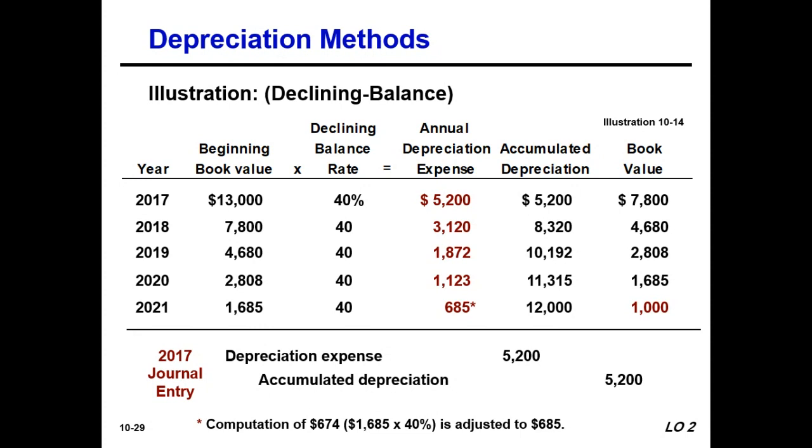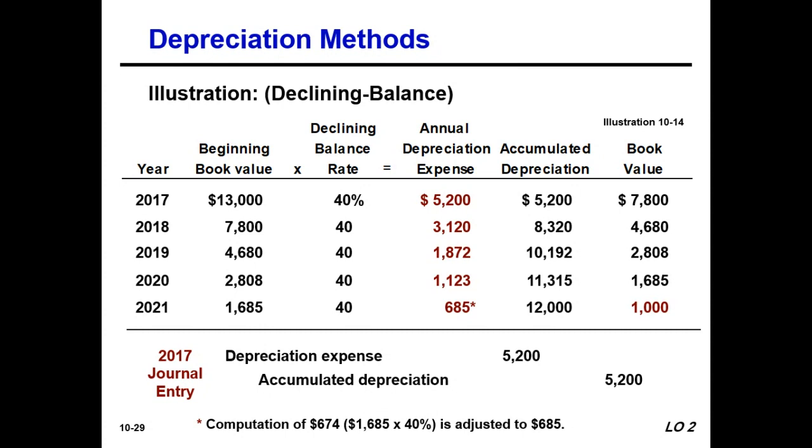Now if you look at annual depreciation, in the first year 2017 it is 5,200, 2018 3,100, so depreciation is decreasing. This is the reason we call it the declining balance method, right? If you look at book value, it keeps on decreasing. Annual depreciation expense is decreasing.